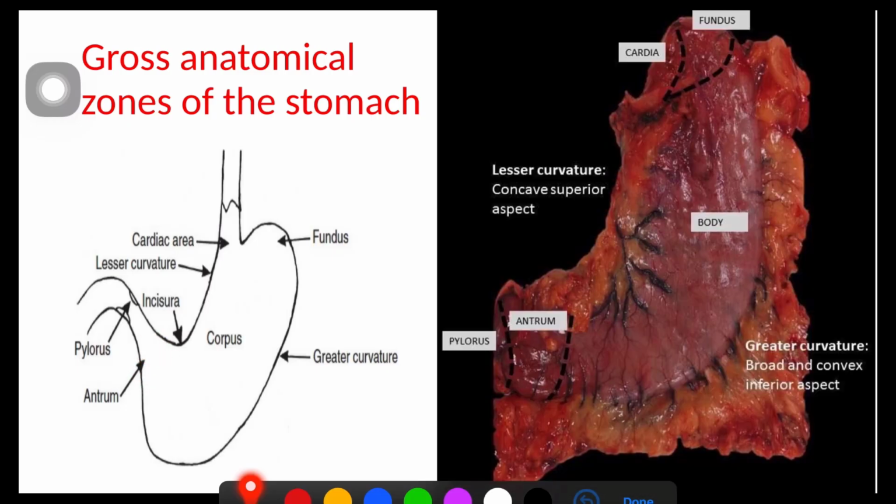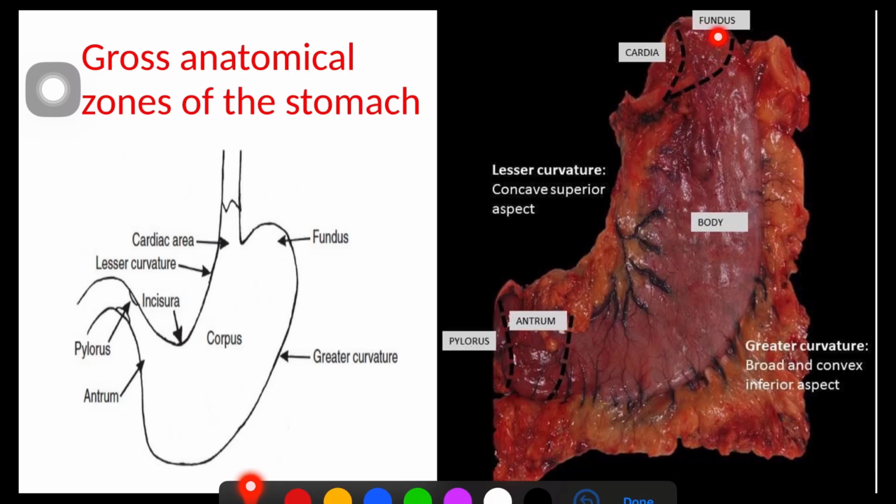So this is how you can see there are different areas in the anatomical regions of the stomach. Here you can see the cardia, which is the junction where the esophagus is attached.